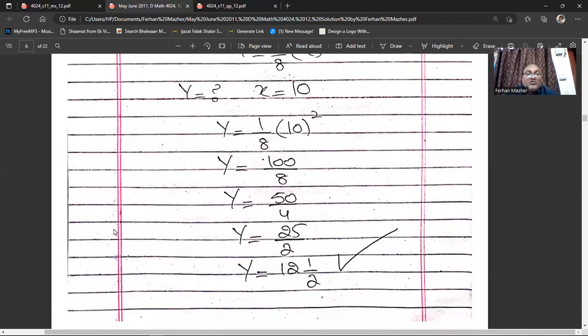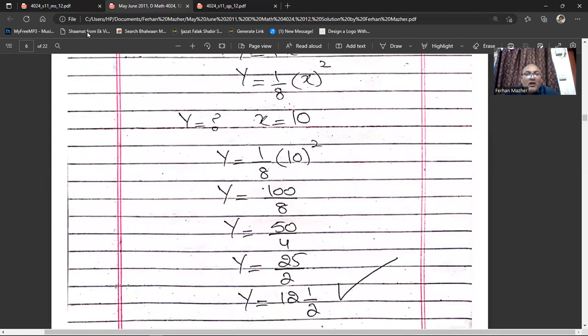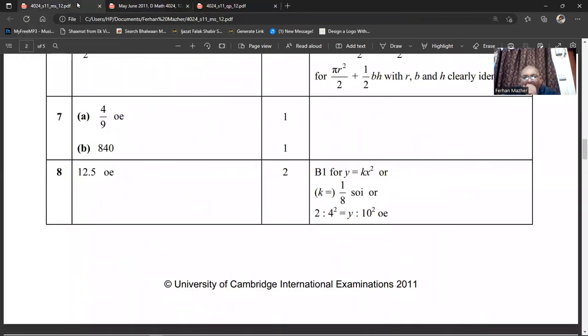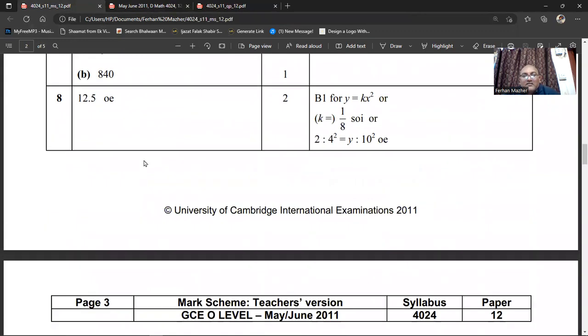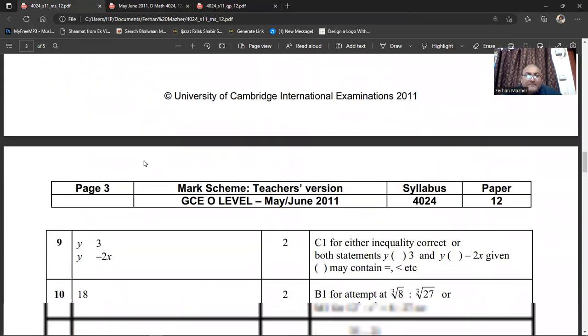Cancel with the 2, so it will be y equals to 50 by 4. Again cancel with the 2, you will have y is equals to 25 by 2. So y will be equals to 12 whole 1 by 2 or 12.5. So y is 12.5, so our answer is right. This is the answer.